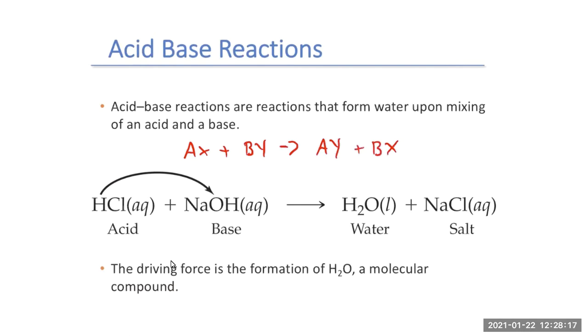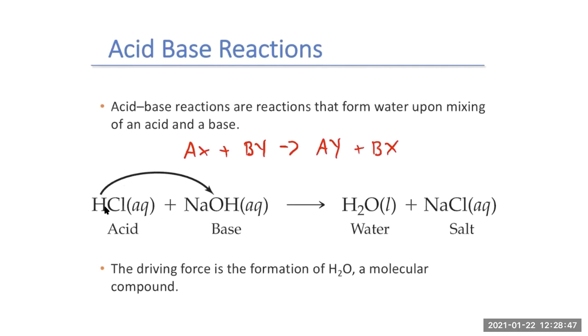You still have that rearrangement, that double displacement happening. However, with acid-base reactions, one of the starting materials is an acid and the other one is a base, hence the name. Pretty obvious. And then whenever you do an acid-base reaction, you always get water. Water is always a product in an acid-base reaction. And then some sort of salt forms.